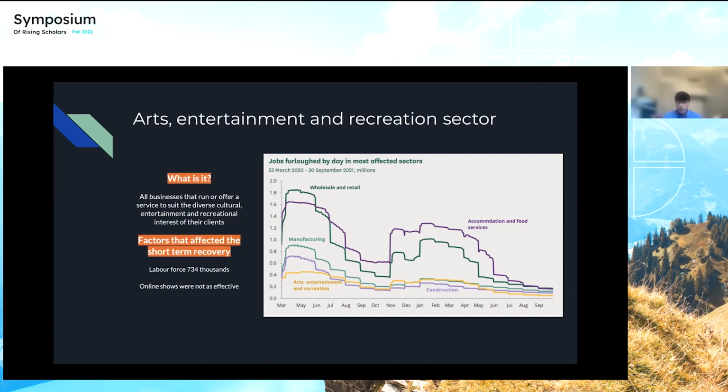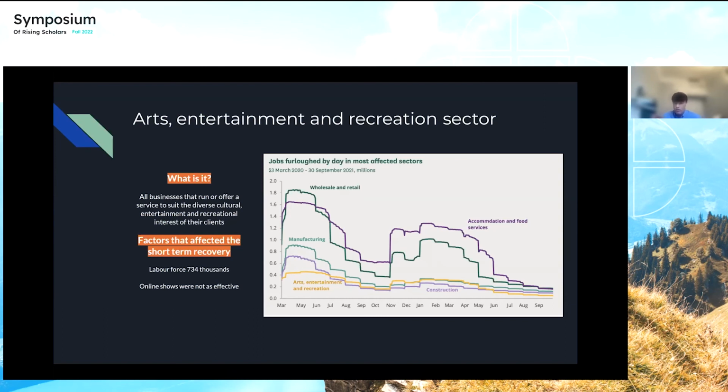In contrast to the first sector examined, the accommodation and food sector, this second sector had a peak of 0.4 million jobs furloughed in May, which at first sight might seem a small amount. However, if we examine the labor force, this amount was actually very high because the labor force of the arts, entertainment, and recreation sector was 734,000 people. Therefore, it's a really high amount.